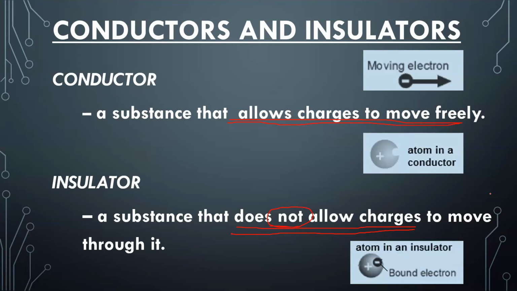Since our body is composed of water, and water is a good conductor, these charges may cause us to be electrocuted. This electricity will flow to our body, which causes us to be burned.